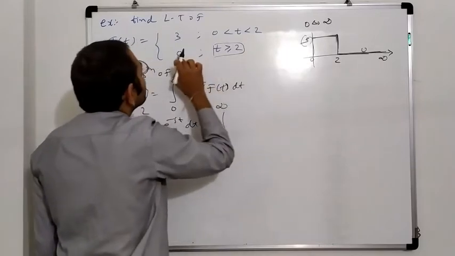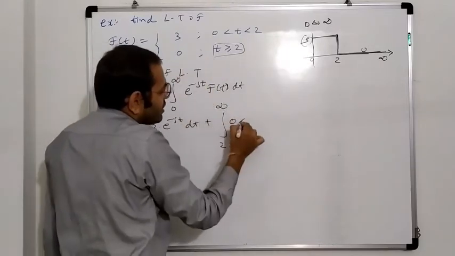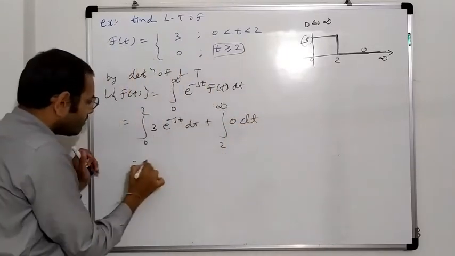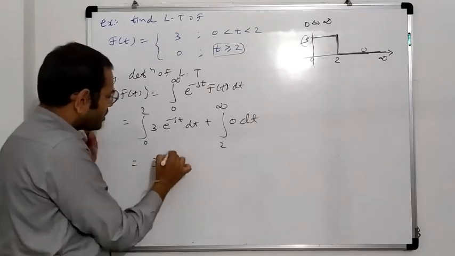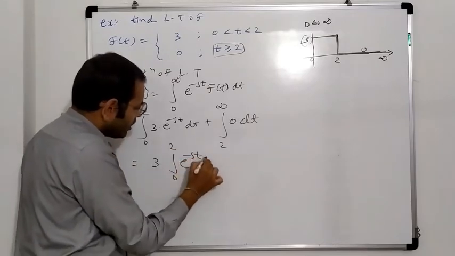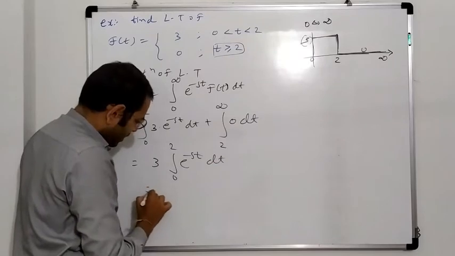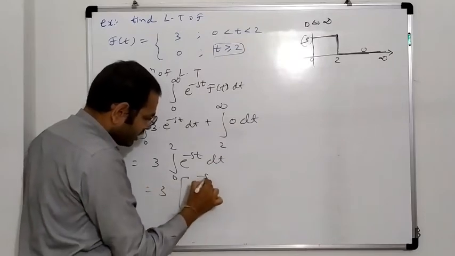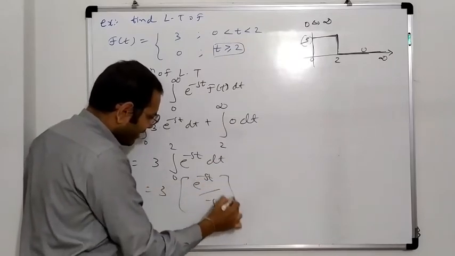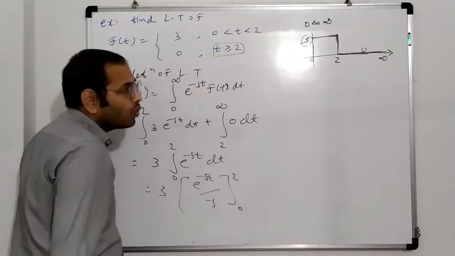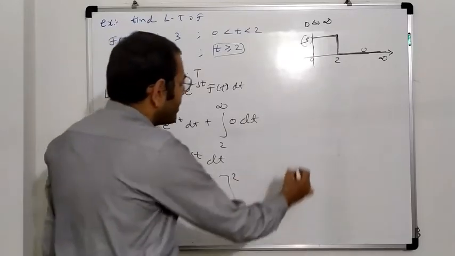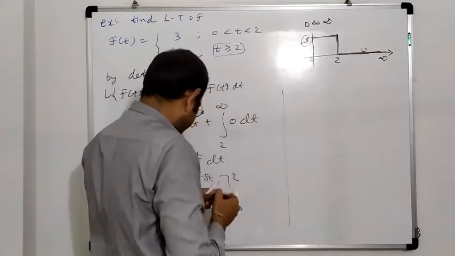There the function is 0, and 0 into anything is 0. Then we take the constant 3 out, integral 0 to 2 of e raised to minus st, which gives 3 e raised to minus st by minus s from 0 to 2, upper limit minus lower limit.